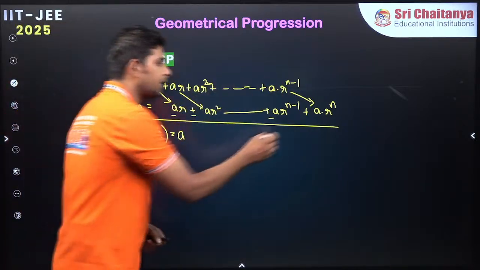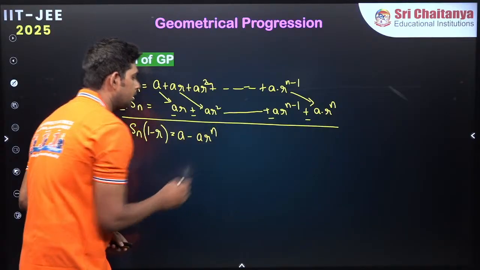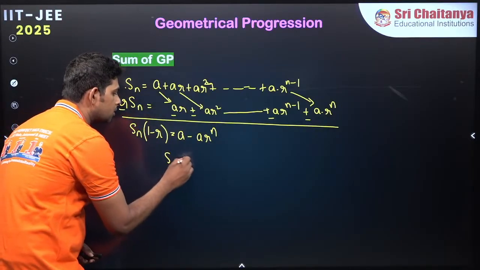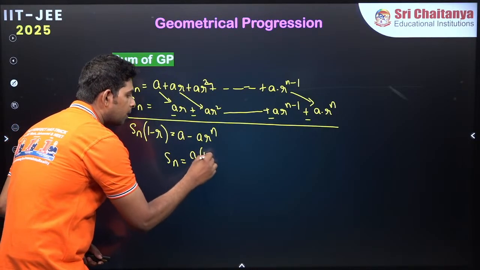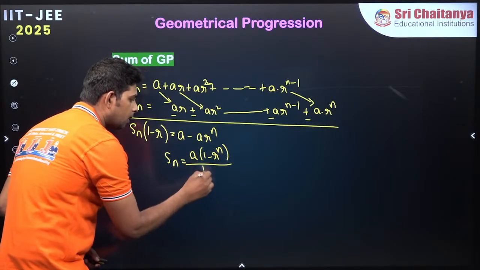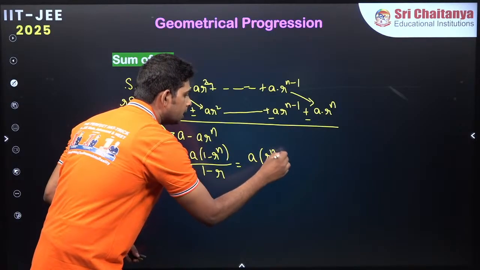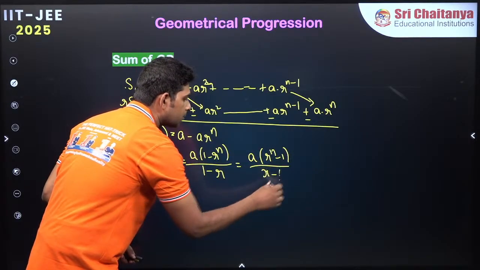What we have left at the end is minus A into R power n. So Sn is equal to A times 1 minus R power n divided by 1 minus R. You can also write this as R power n minus 1 divided by R minus 1.